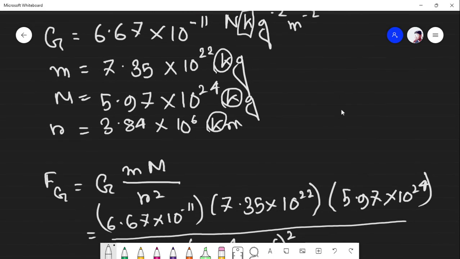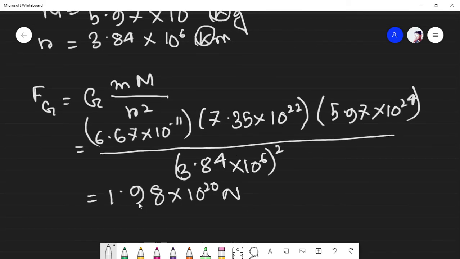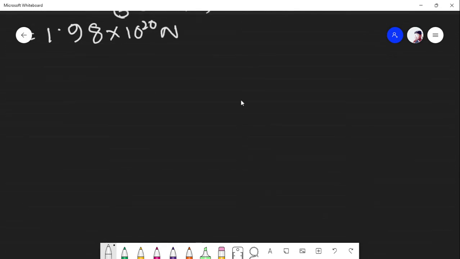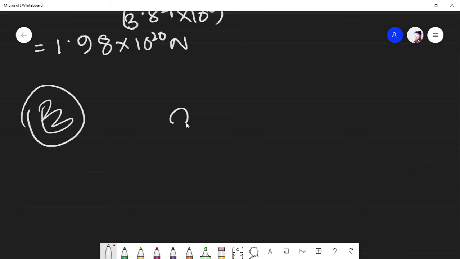So if we want to make the moon come out of its orbit, we'll have to exert this same force between them so that the moon goes out of its orbit. So let's say this is the earth and this is our moon.